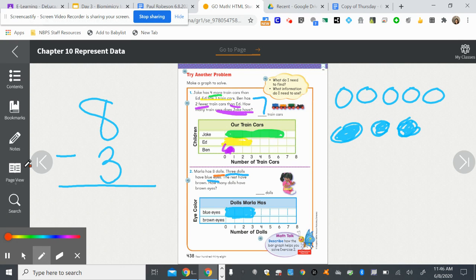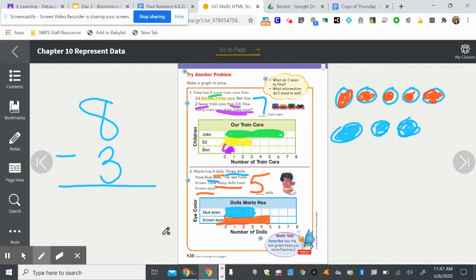How many would be brown? We're going to pretend that that's brown today. So it would be 1, 2, 3, 4, 5. So the question asked us, how many dolls have brown eyes? So it would be 5.